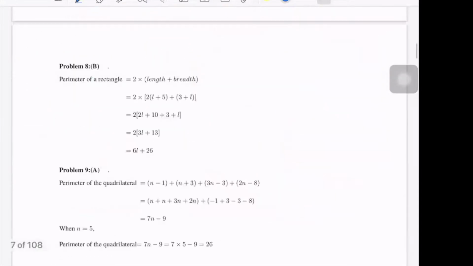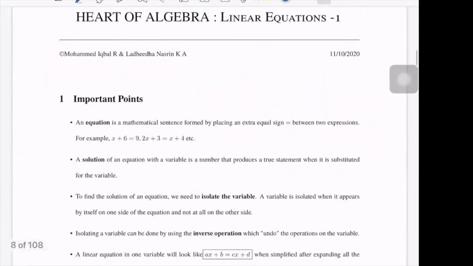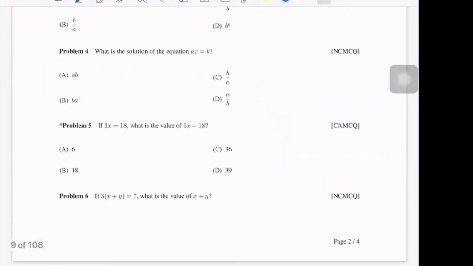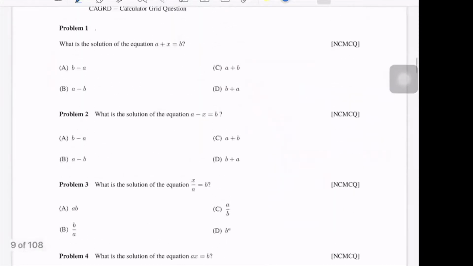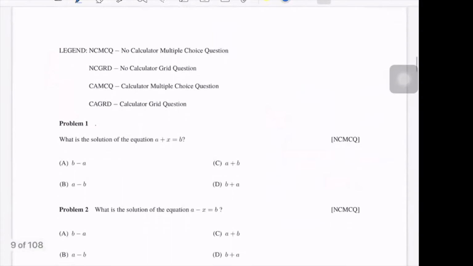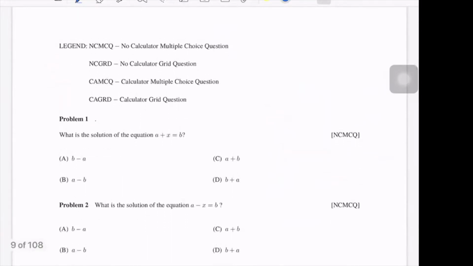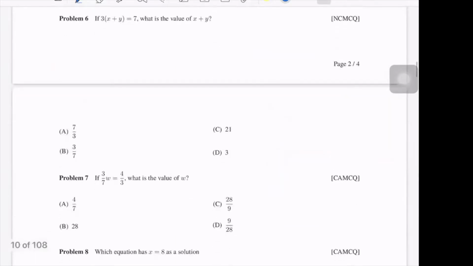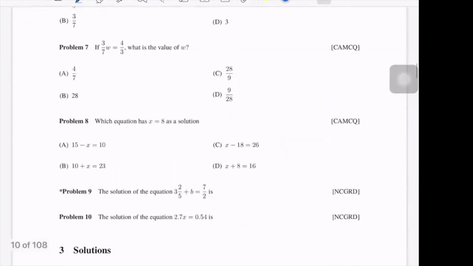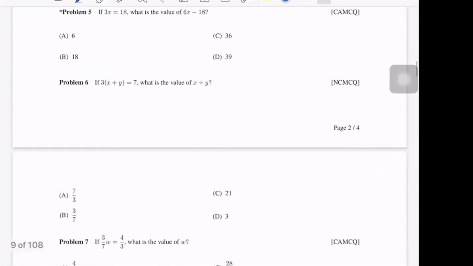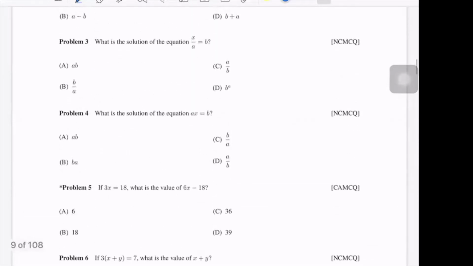Okay. Again, coming to the second sheet. Again, if you have any difficulties in the beginning, do let me know. If you have any difficulties in the second sheet, if there is nothing, just type nothing.